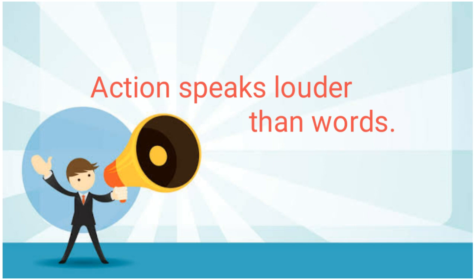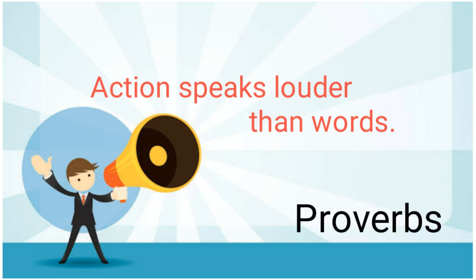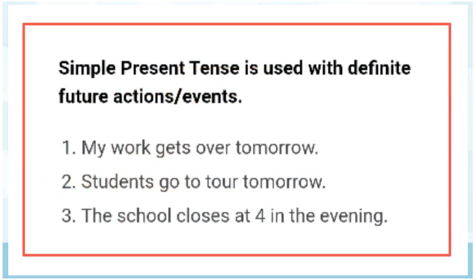Last usage, to express proverbs. Look at this proverb. Action speaks louder than words. Action speaks. The verb is written in its simple present form. And thus one more usage for simple present tense.